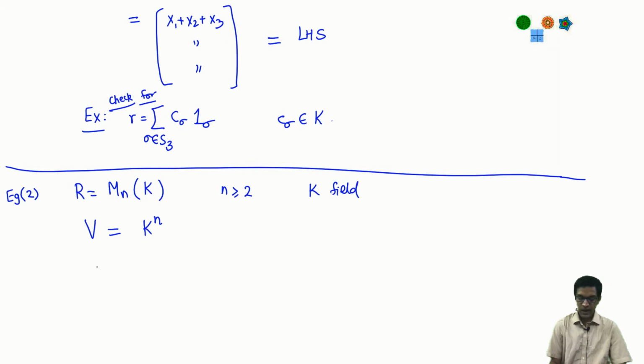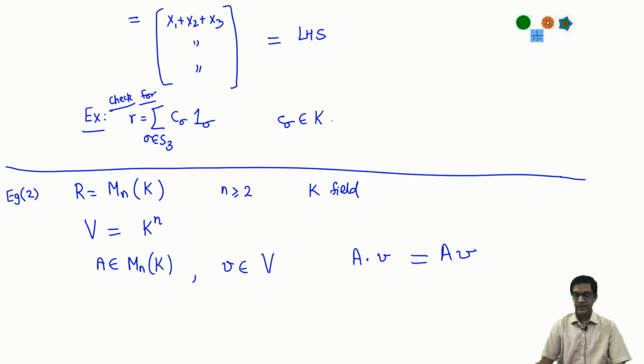How does the ring R act on vectors from k to the n? Elements of R are nothing but matrices. So if I take a matrix A in R and v in V, then how do I scalar multiply v with A? Well, you just multiply that matrix with that vector, and it will again give you a column vector.